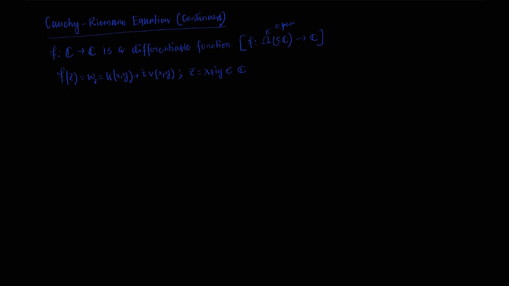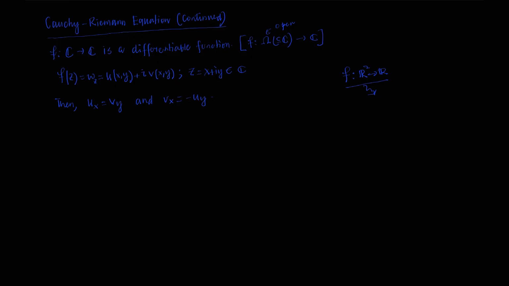If f is differentiable, then we have u of x equals v of y, and v of x equals minus u of y. What does this mean? We know what real differentiability is, so let's assume f is from R2 to R. For such a function, we know what differentiability is, in terms of partial derivatives and directional derivatives.